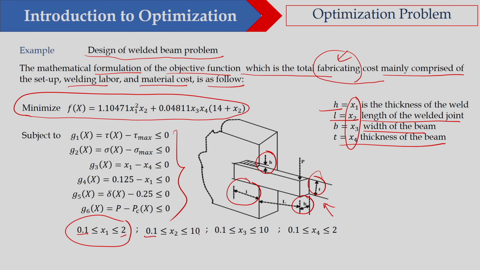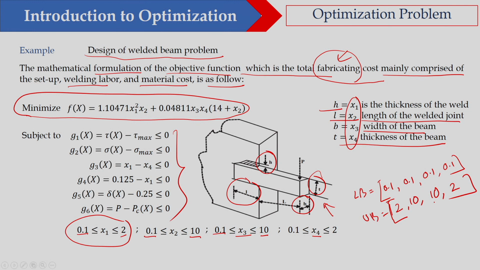Similarly, x2 is 0.1 to 10, x3 is 0.1 to 10, and x4 is 0.1 to 2. So, the lower bound is 0.1 for all, and the upper bound is 2, 10, 10 and 2. This is my lower bound and upper bound.